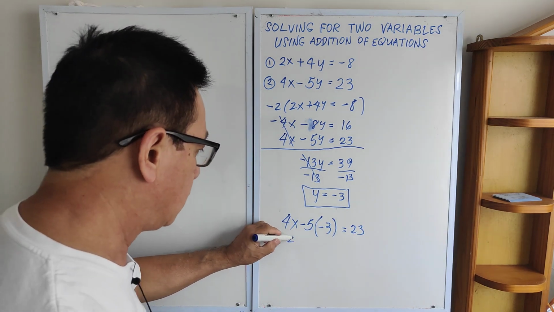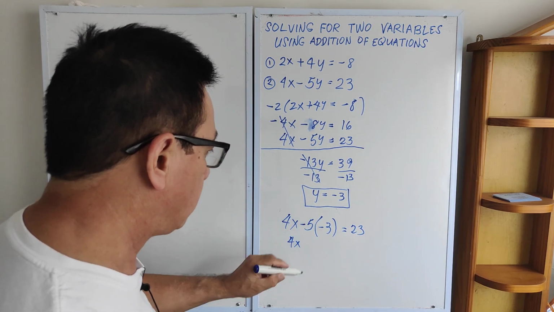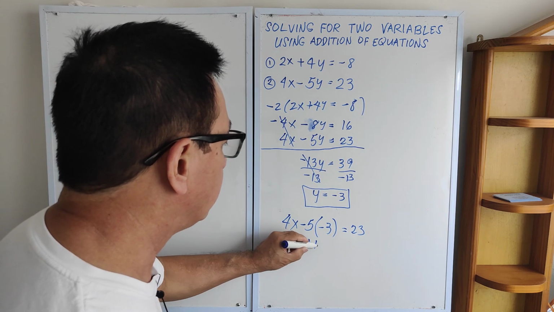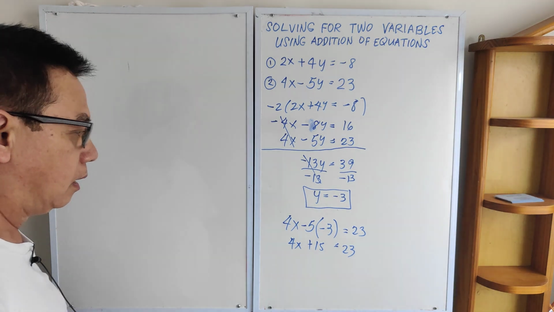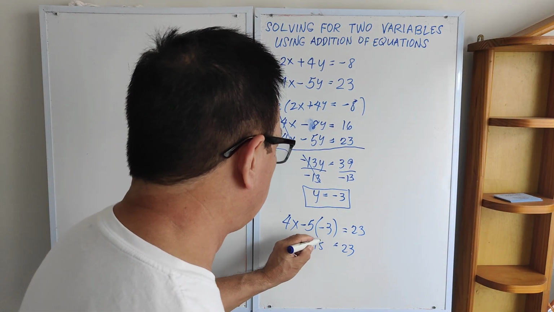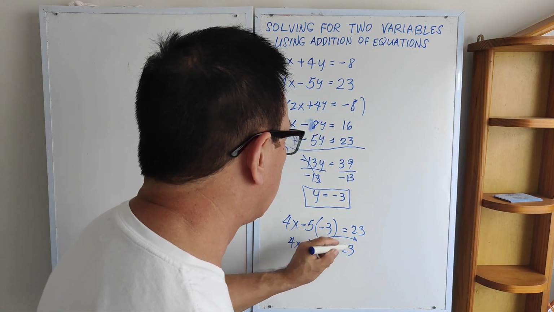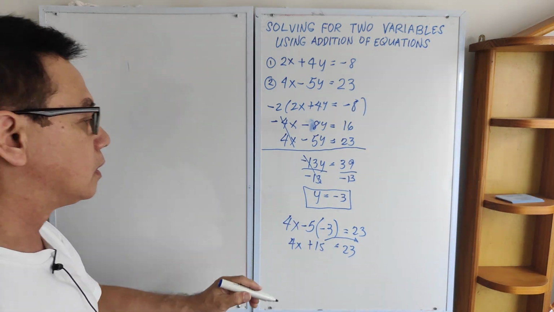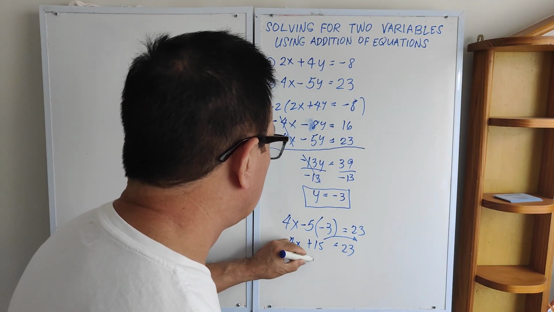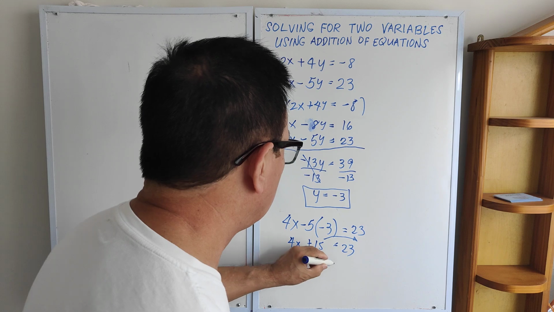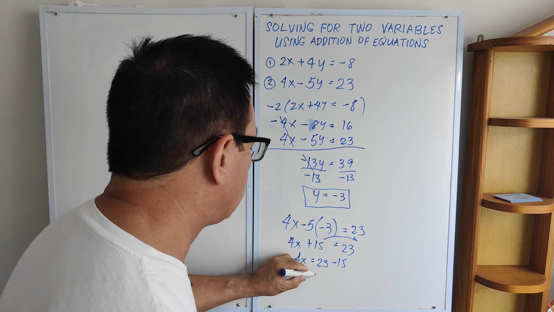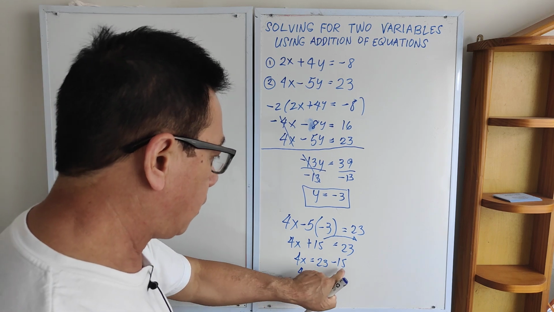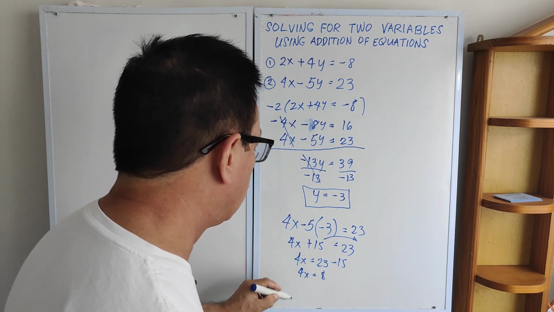So 4x minus 5 times negative 3 is positive 15, equal to 23. Now we can transpose positive 15 to the other side, like subtracting 15 on both sides. This becomes 4x is equal to 23 minus 15, which is 8.